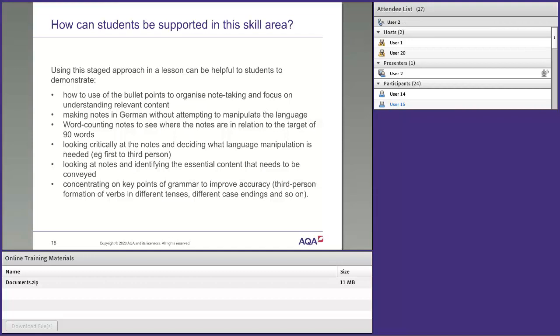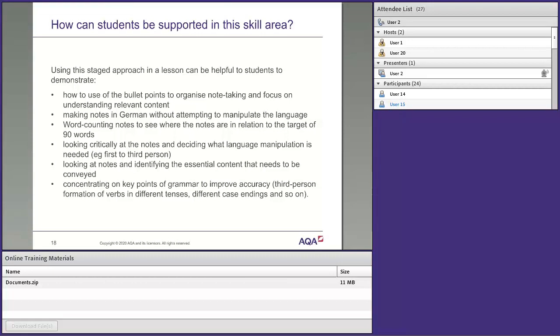So using this staged approach in a lesson can be helpful to students to demonstrate how to use the bullet points to organize their note-taking and focus on understanding the relevant content. So looking at the bullet points, picking out the words that they might need to listen to before they start. Making notes in German without attempting to manipulate the language.